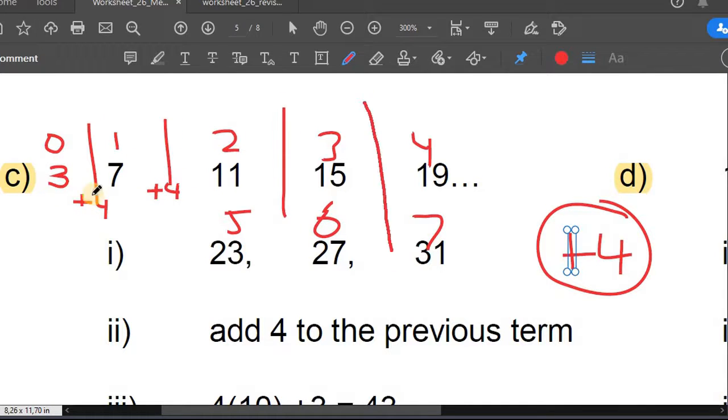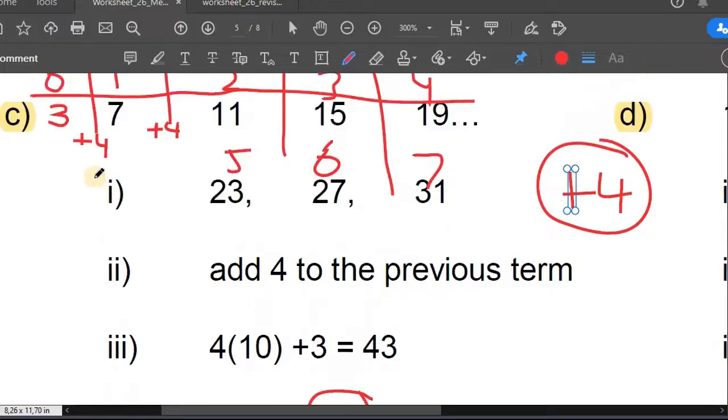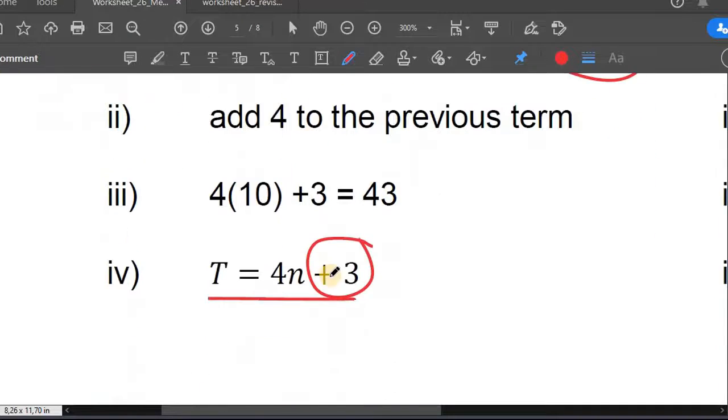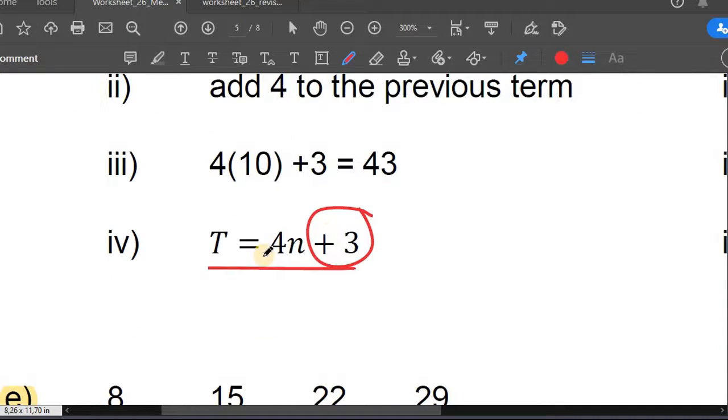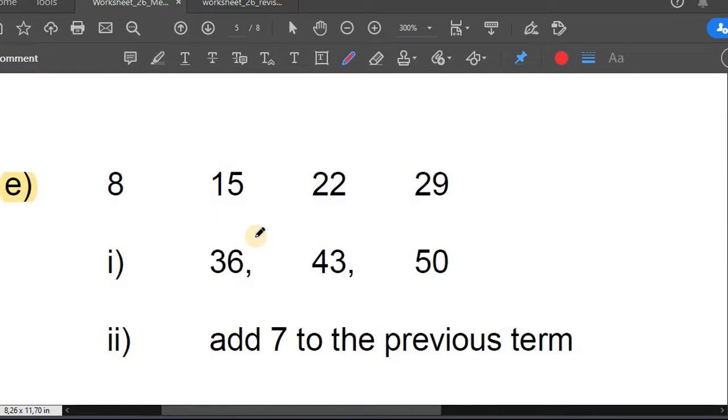Can we see that term number 0 is going to be 3? So term number 0 gets in there. Can you see that it's a +3? That's why it's a +3 there. That's how you create your equation. Once you create your equation, you chop off most problems that you're going to encounter in number patterns.